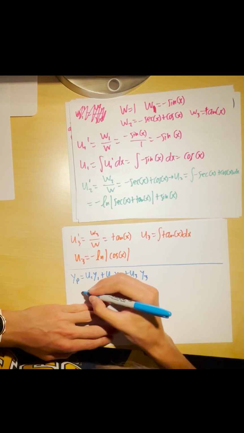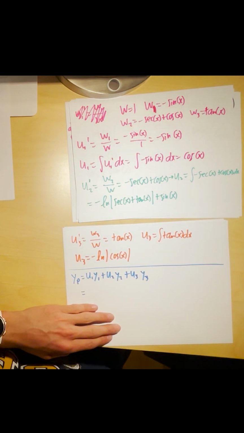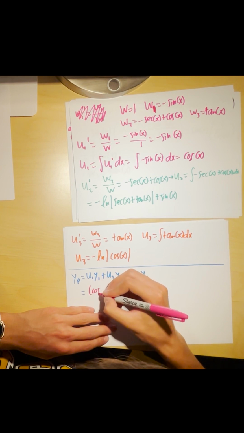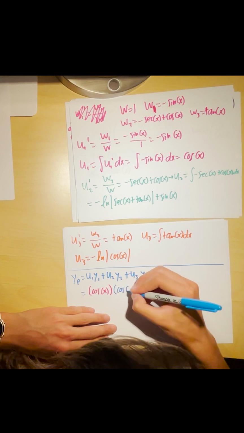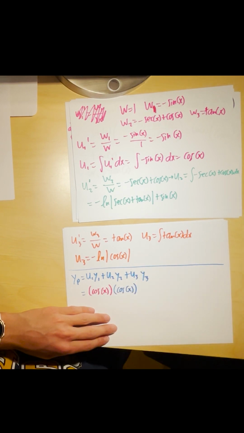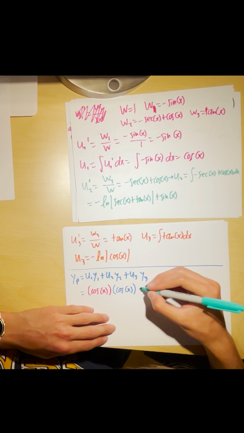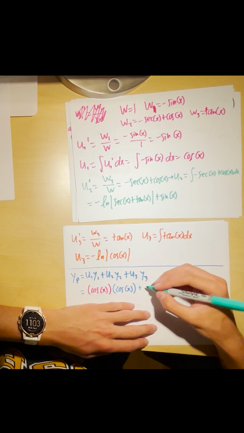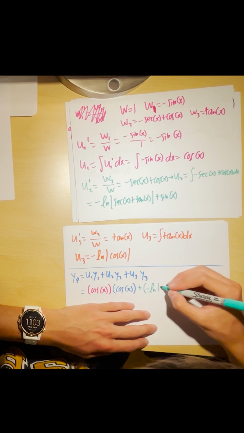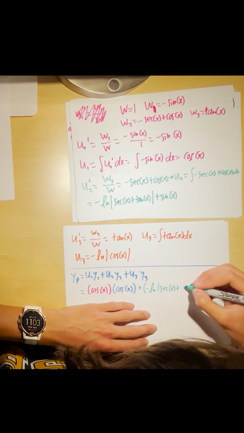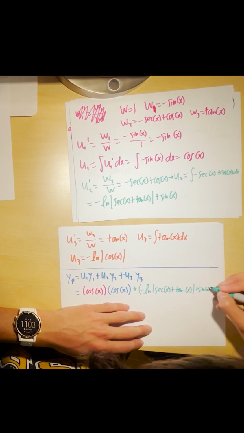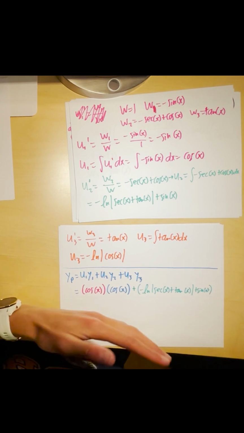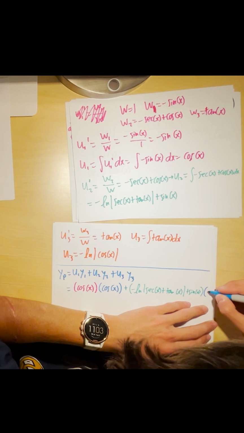So u1 times y1, plus u2, and for u2 we got negative log natural of secant x plus tangent x plus sine of x, and we multiply this by y2, which in this case is sine of x.